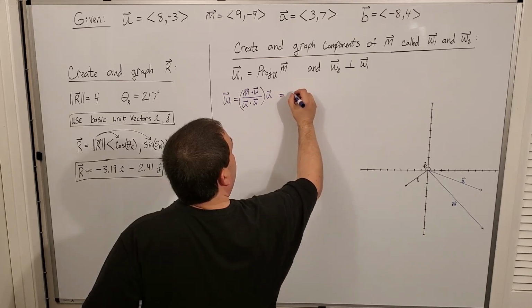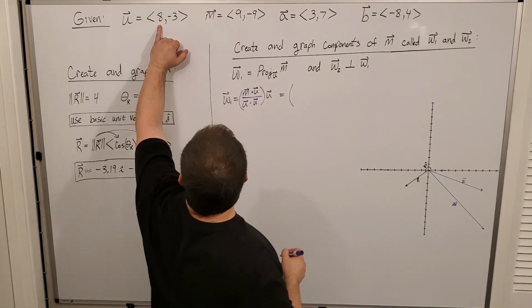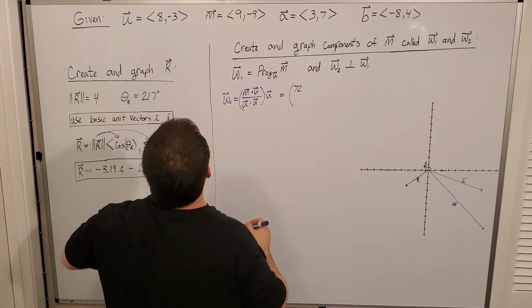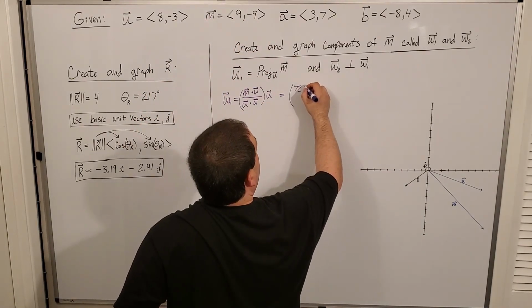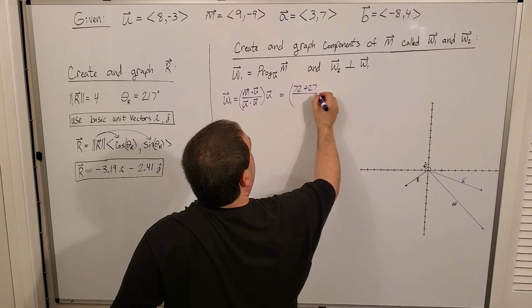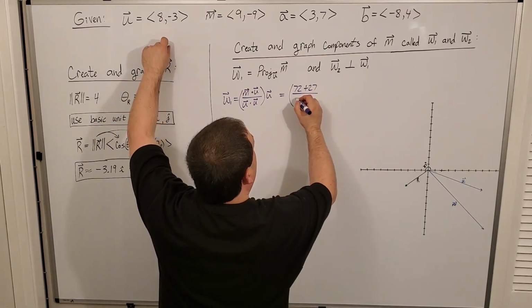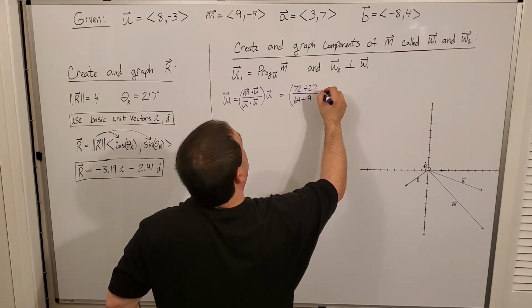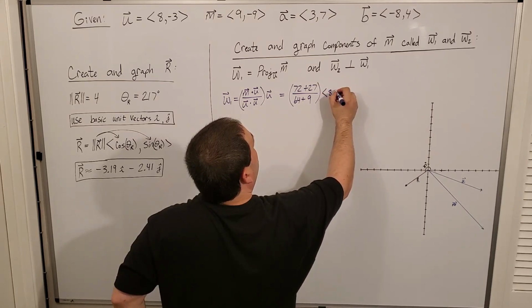So let's do this computation here. M dot U, I've got 8 times 9 is 72, and then -3 times -9 is 27. And then U dot U is going to be 64 plus 9. And then, of course, this is times the U vector, 8, -3.